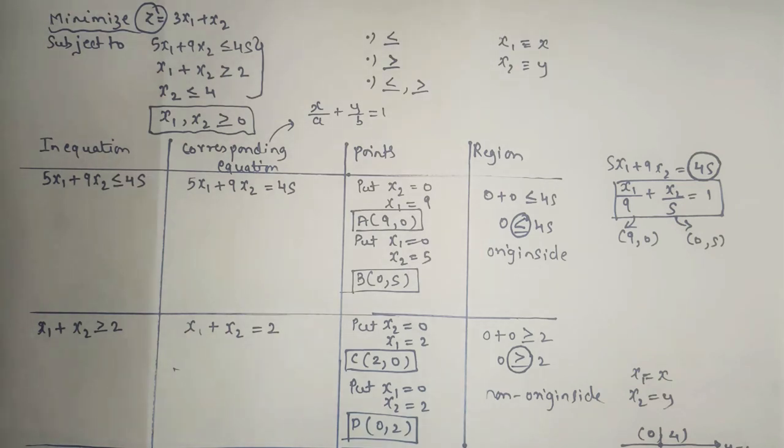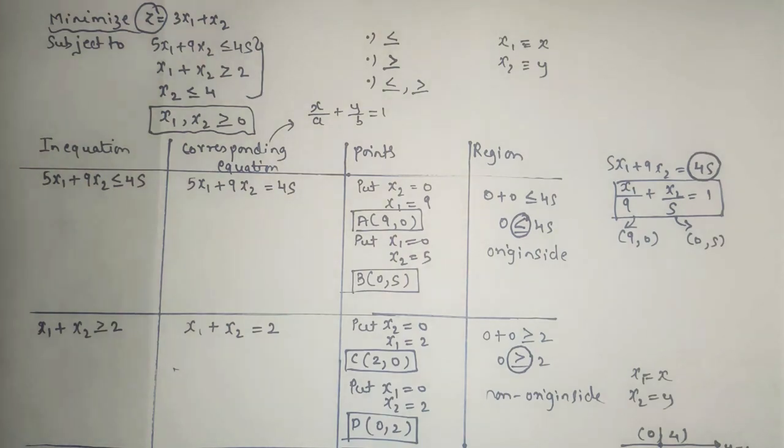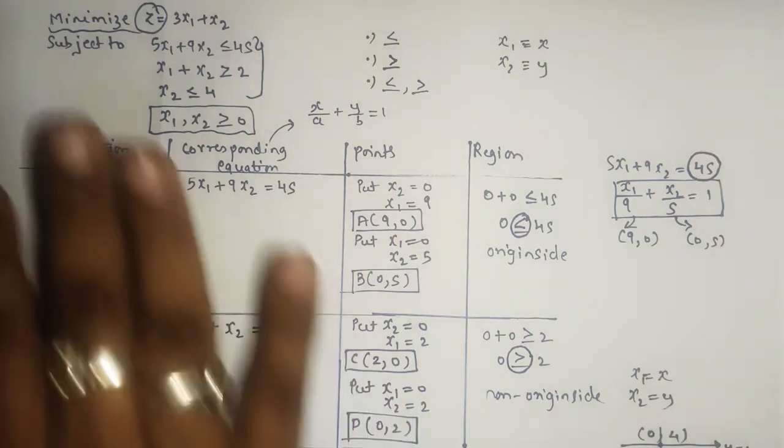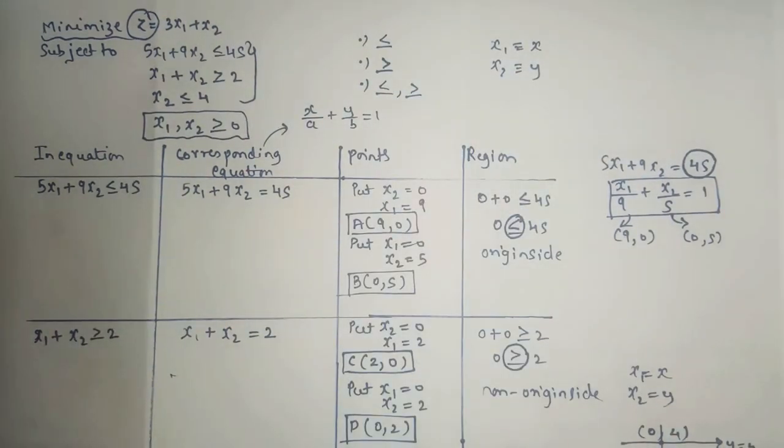If it says that you have to frame as well as you have to draw the LPP, that means linear programming problem, if it says to draw, then you have to draw the graph on the paper. Okay, or else you have to just simply frame the equation and you can stop your answer. So that was the end of the type number 1, we can say.